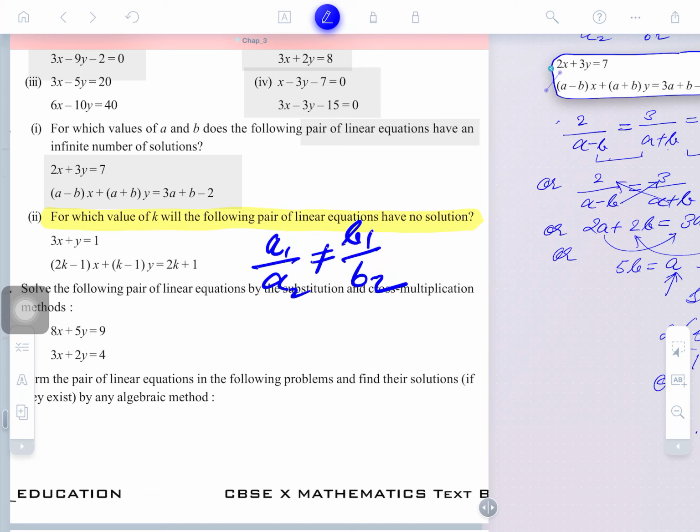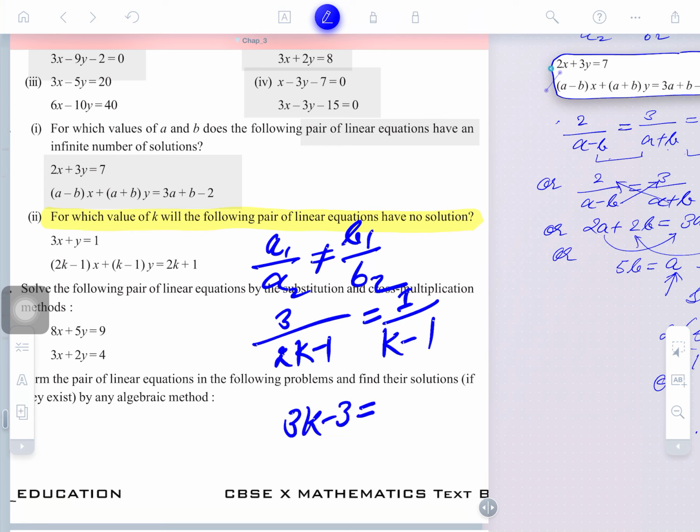So we'll take in place of A, 3, and in place of that, 2k minus 1. Next also 1 divided by k minus 1. So cross multiplication, 3k minus 3 is not equal to 2k minus 1. To solve, here will be k only and here will be plus 2. So for k not equal to 2, this will have a unique solution.